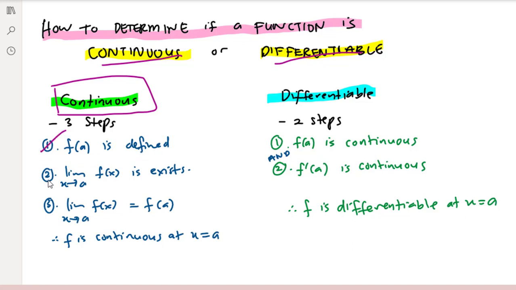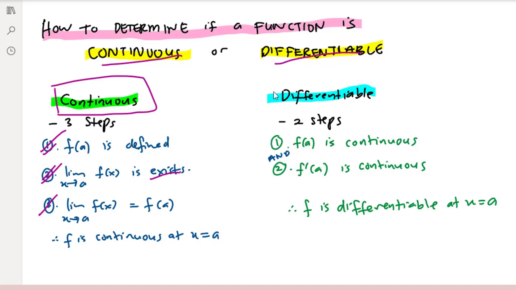The second step is to find the limit: the limit of f(x) as x approaches a exists. The third step is that number 2 equals number 1, that is, the limit of f(x) as x approaches a is equal to f(a). Therefore, we can conclude that f is continuous at x equals a. That is continuity at a point.